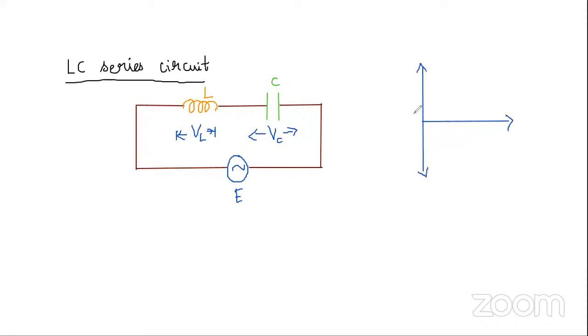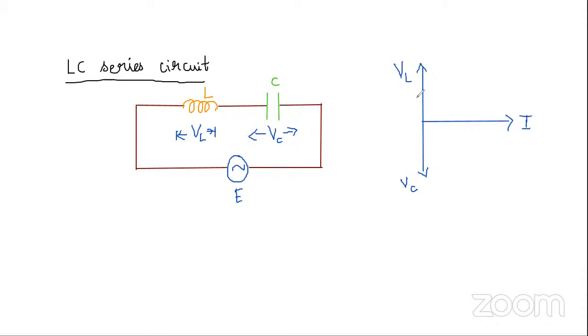Okay. So here you have VL on the positive y-axis and VC on the negative y-axis. So this means the current along this x-axis is leading by 90 degrees with respect to VC, but it is lagging by 90 degrees with respect to VL.